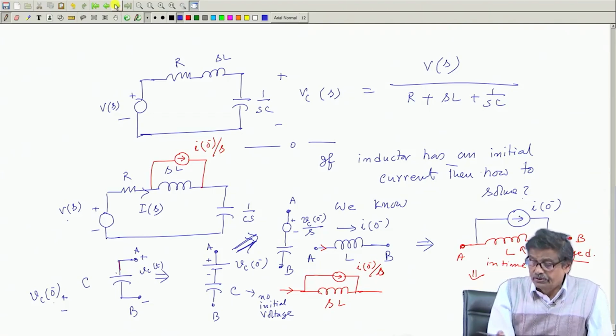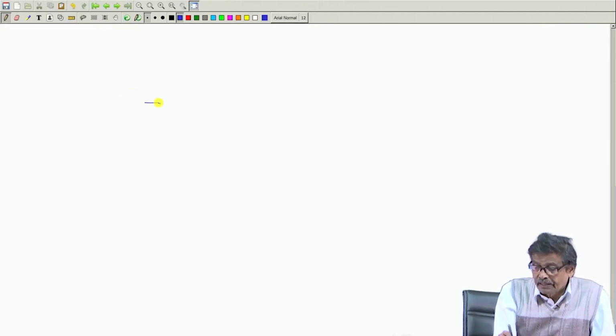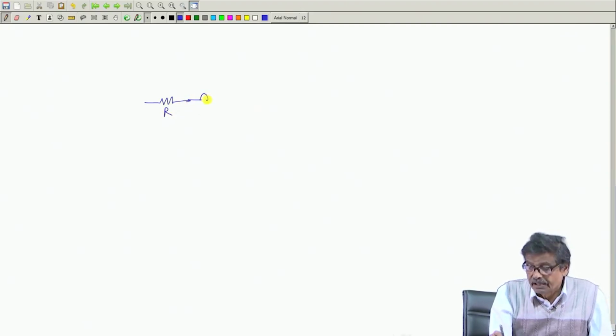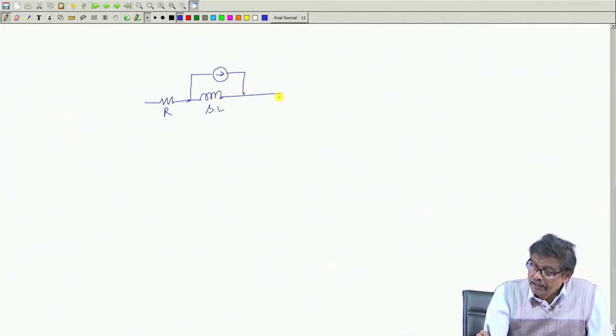Then it will allow me to solve the circuit. So, I will finally draw one circuit, and next class I will try to solve a problem with initial current. What I am telling is, in S domain the circuit in general will look like an inductor SL parallel with a current source, then a capacitor, an uncharged capacitor.